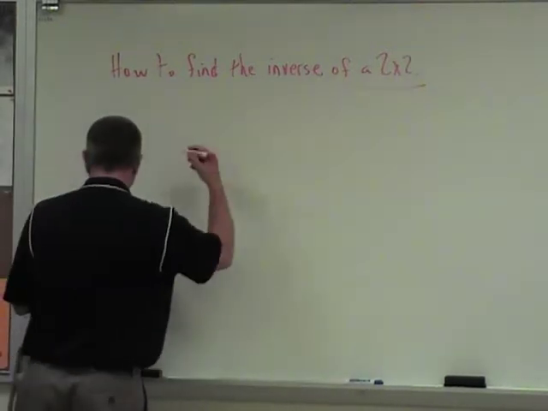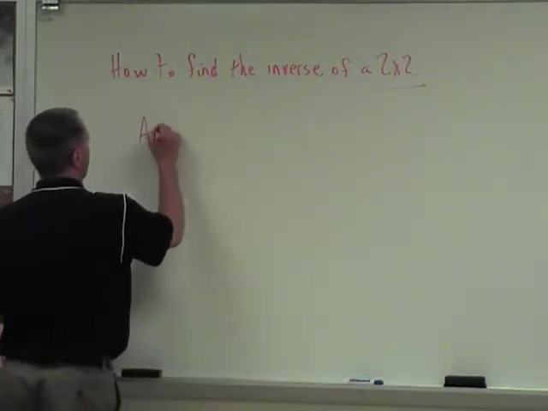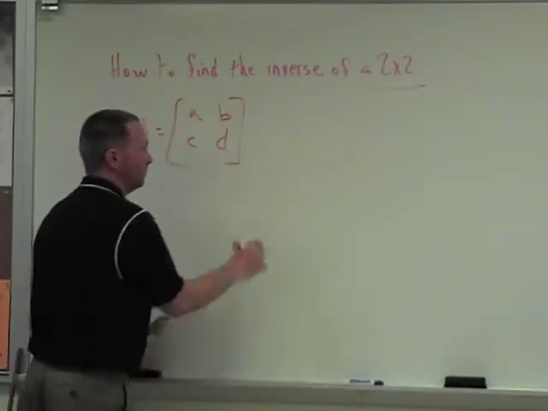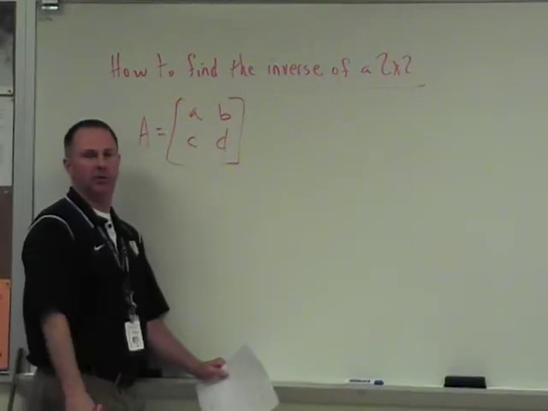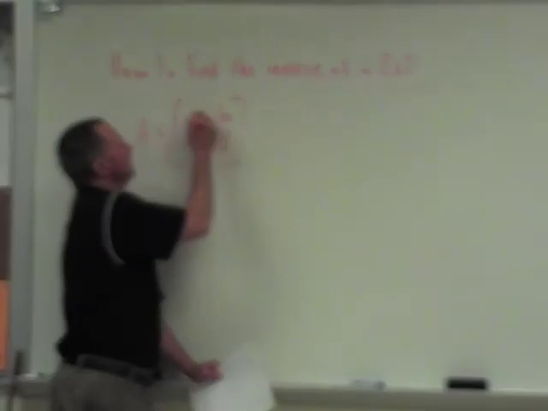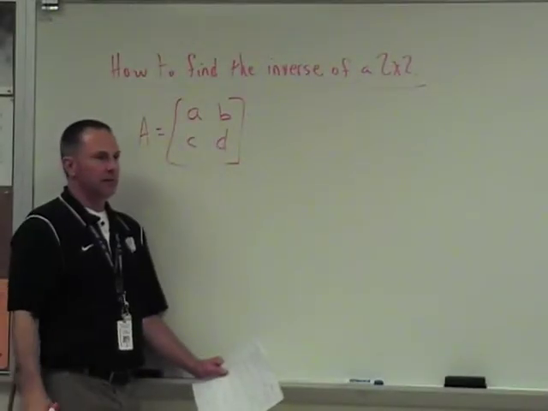All right, so here's the basic part of this. Given a 2 by 2 matrix A, B, C, D, 3 by 3 will be tomorrow, we calculate a little bit differently. How you calculate it is this.